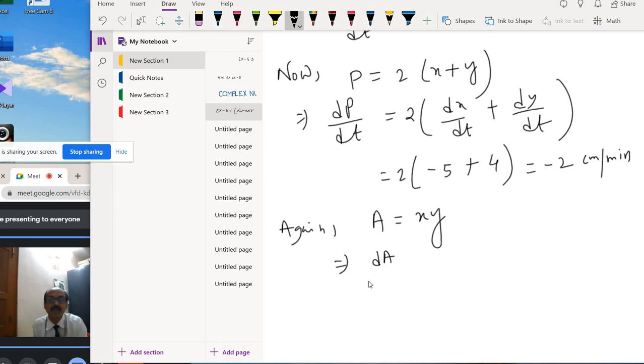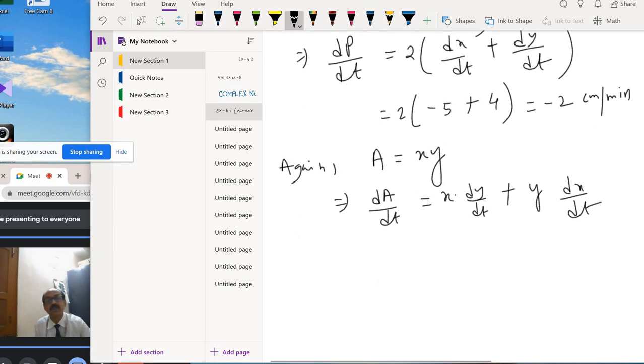So dA by dt equals x into y, apply the UV rule. So x into dy by dt plus y into dx by dt.